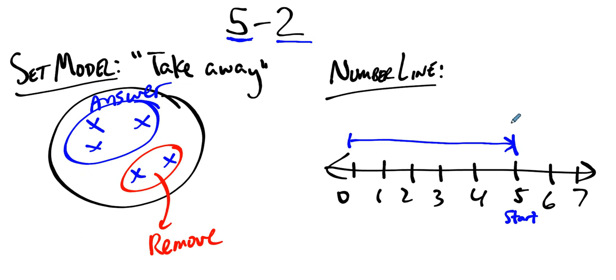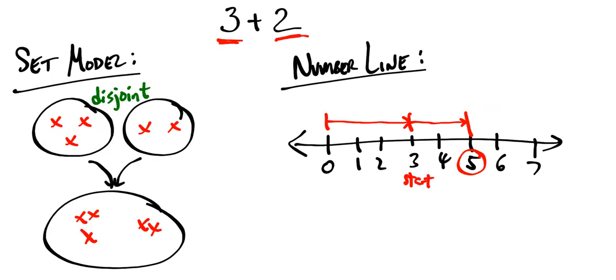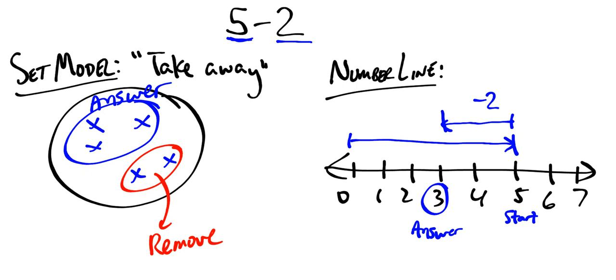This is the minus 2, and so that's our answer. Whether we use a set model or we use a number line model, we are consistent whether we are adding or we are subtracting. We are consistent in our understanding of what this all means.